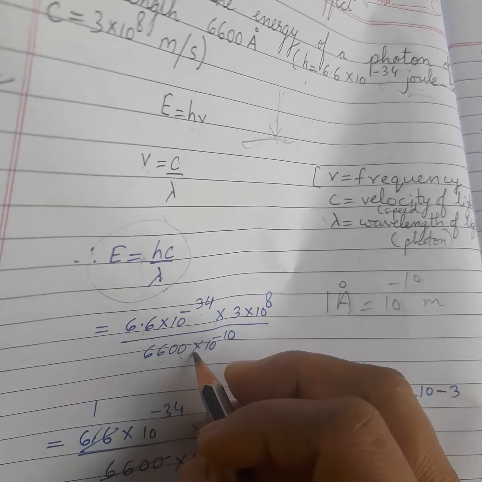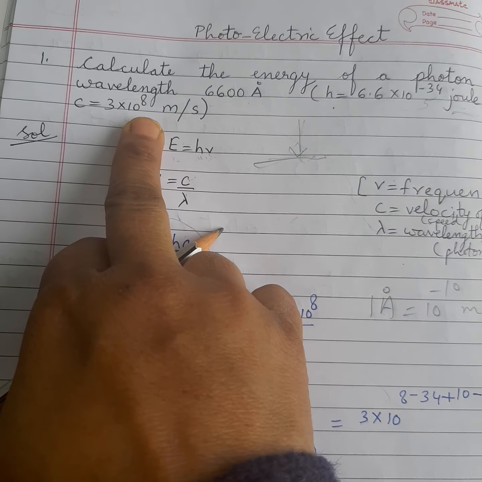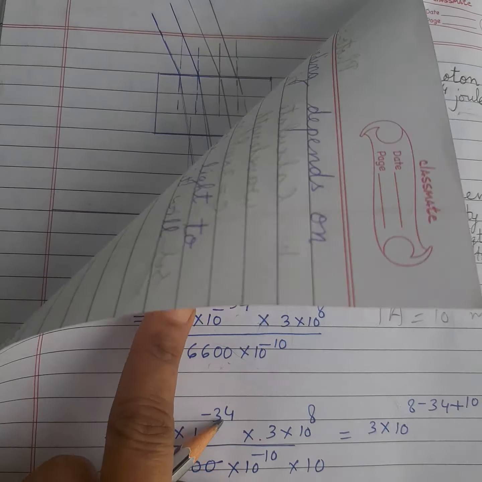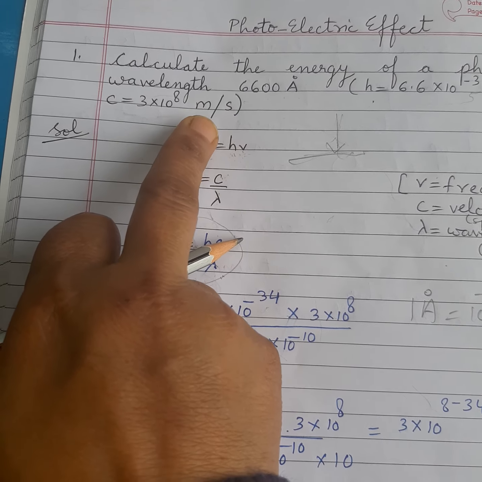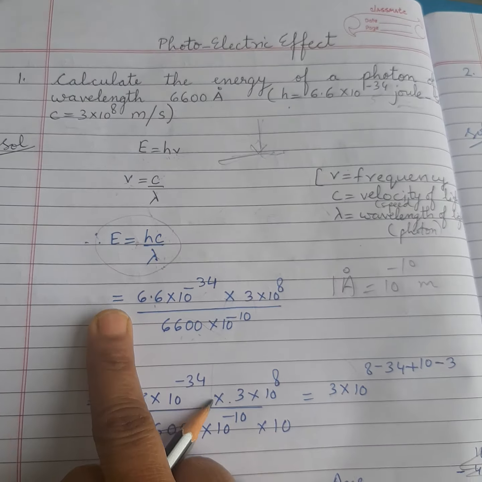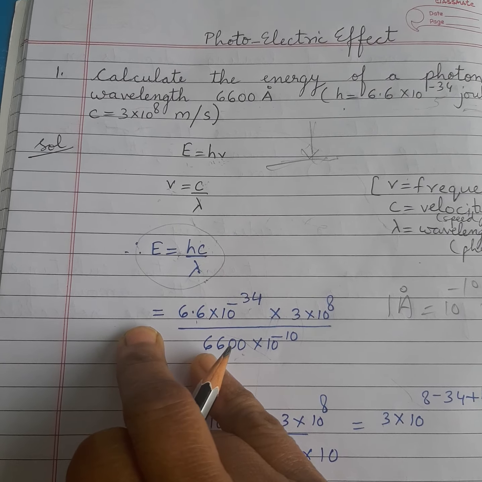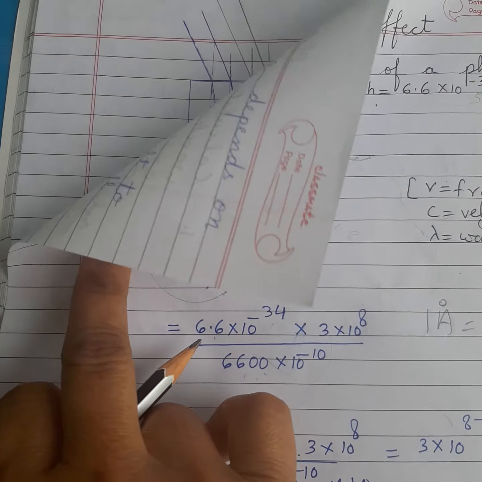You know, so what we have done? We have changed angstrom into meter because all the terms should be in one unit. Since velocity of light is in meter per second, angstrom should also be changed into meter. So 6600 angstrom means 6600 into 10 power minus 10. Now these are the values.